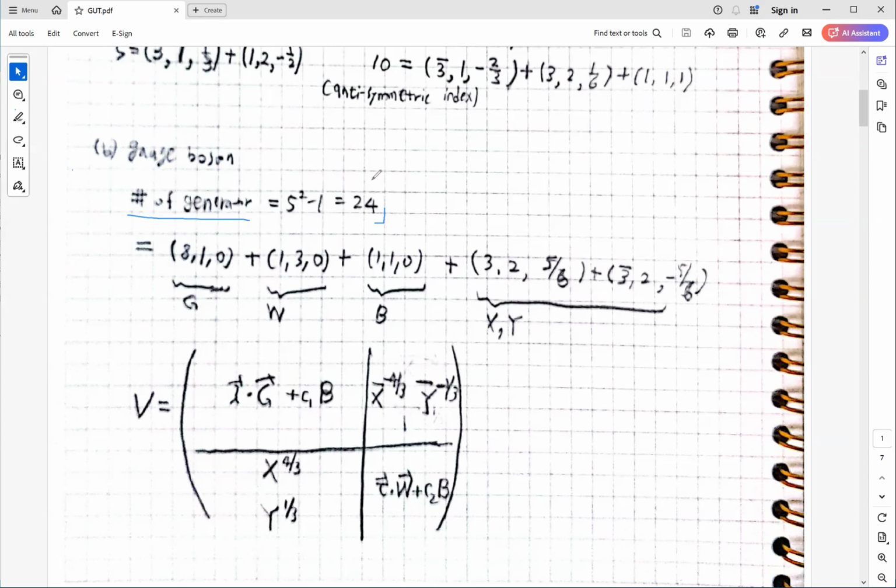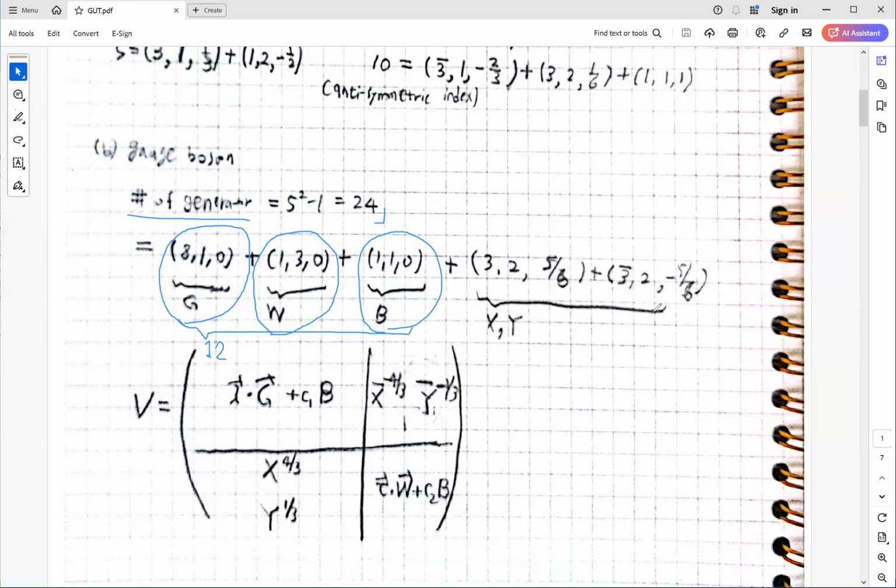Similarly to SU(3) and SU(2): in SU(3) there are 8 gluons corresponding to the 8 Gell-Mann matrices, in SU(2) there are 3 weak bosons corresponding to the 3 Pauli matrices, and there is 1 B boson for the U(1). So in the standard model there are 12 gauge bosons in total.